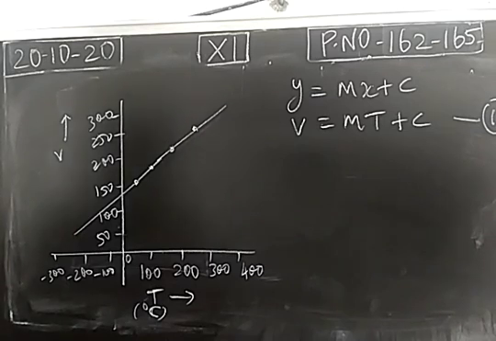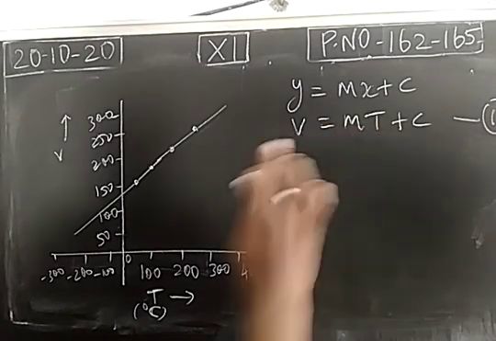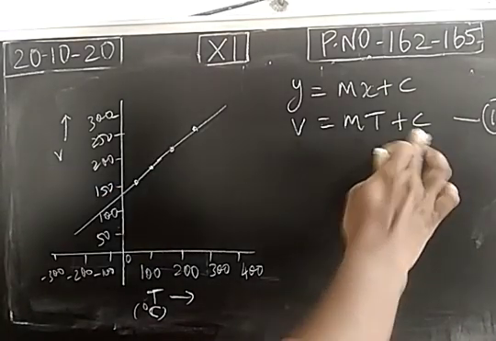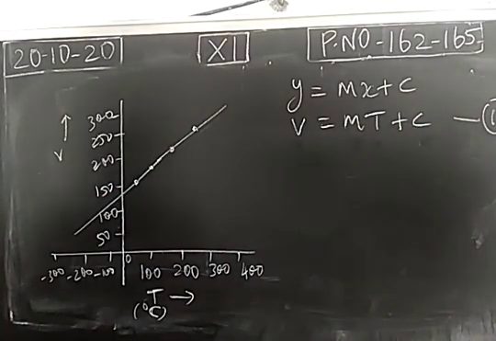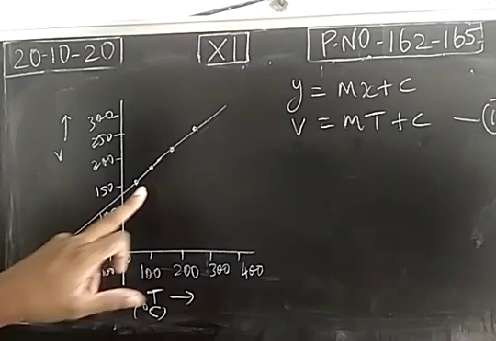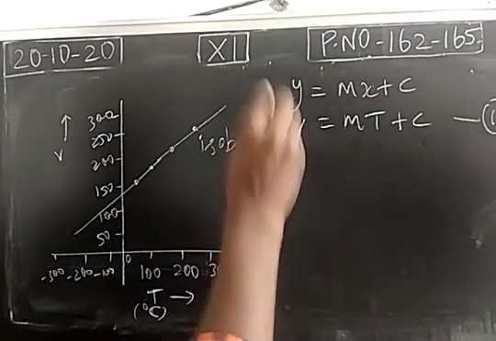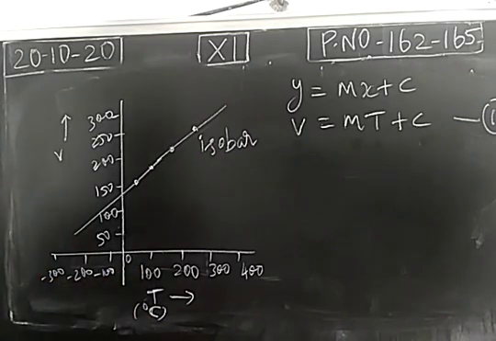So we maintain mass as a constant. For a fixed mass of gas at constant pressure, we relate volume and temperature. So both are directly proportional. So we have obtained a straight line. c is a constant. m is also a constant. The straight line is called an isobar. When these two factors are related, the straight line is attained. This is called an isobar.